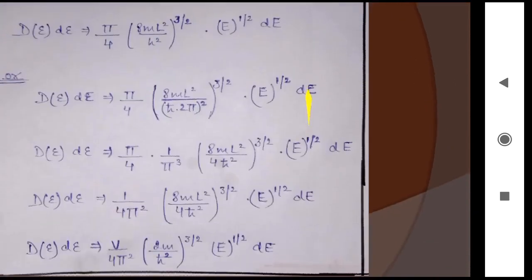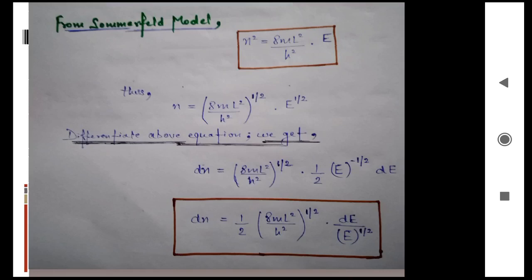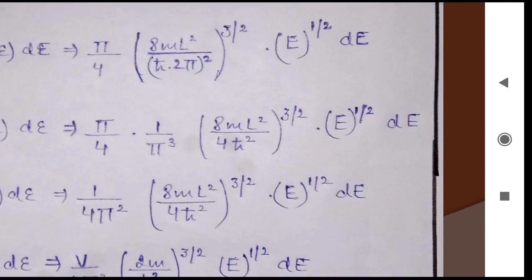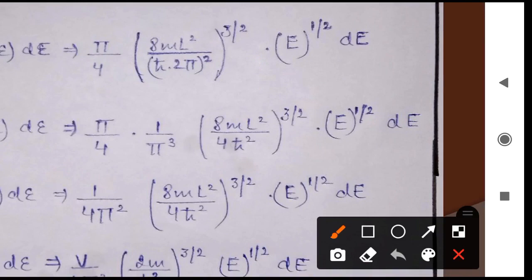Now next, what we get, D of E into dE is equal to pi by 4 into 1 by pi cube. Here I take pi common. When I take pi common, 2 cancels out. What we will be left with is pi cube. Here 1 pi gets cancelled out, we are left with 1 by 4 pi square. 8 m L square by 4 h cross square, whole to the power 3 by 2, E to the power 1 by 2 dE, everything is the same.